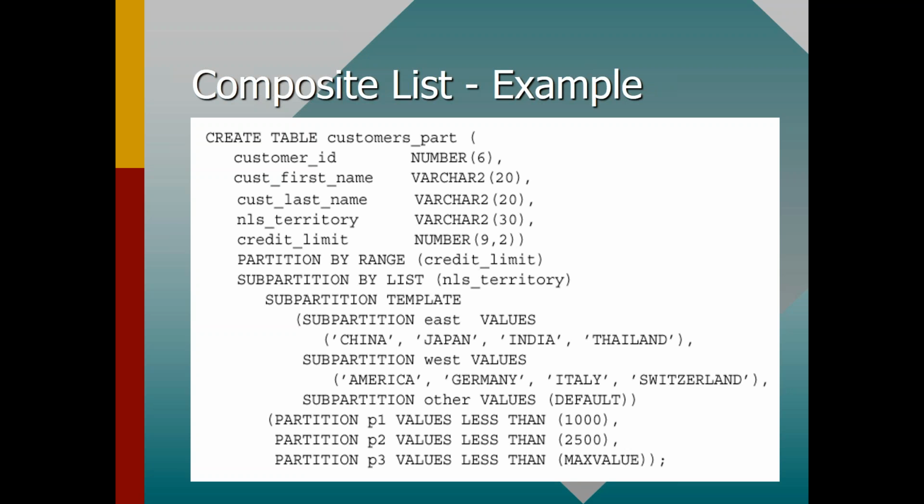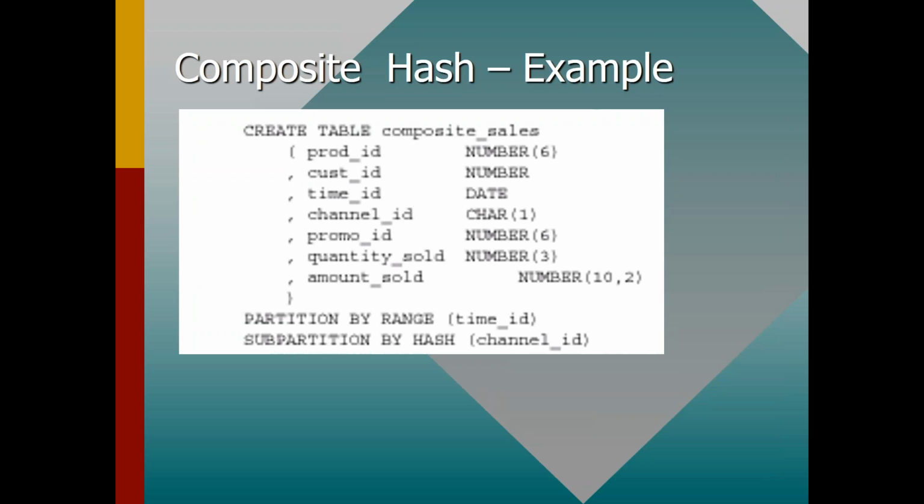What you would want to do, folks, is take time to get to know the syntax for each one of these partition types. Here is one example of composite hash. Here we partition by range and then subpartition by hash.